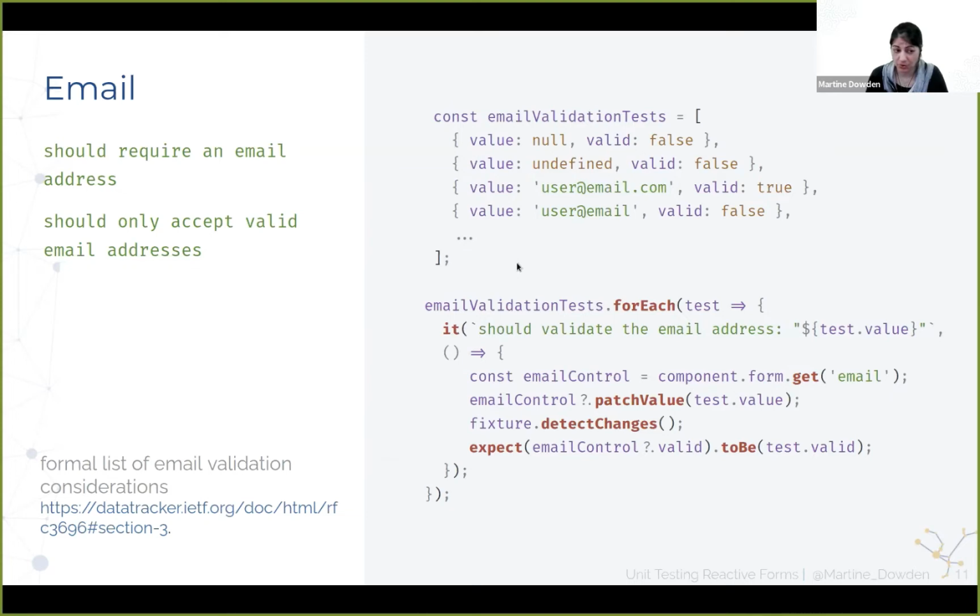Obviously, there's a huge number of them, and I did not put all of them on this slide. But this would allow us, in one fell swoop, to check the required, right? Because null or undefined should return false, and that it should only accept valid email addresses, because we're going to plug in some valid ones and check that they work, and plug in some invalid ones and check that they don't work.